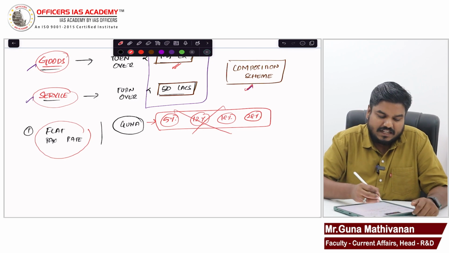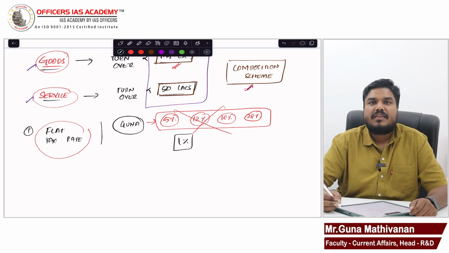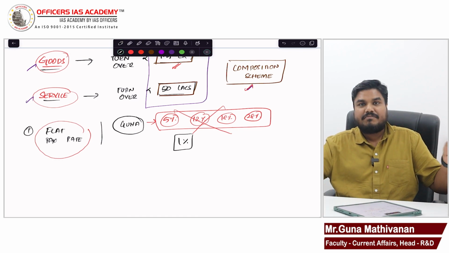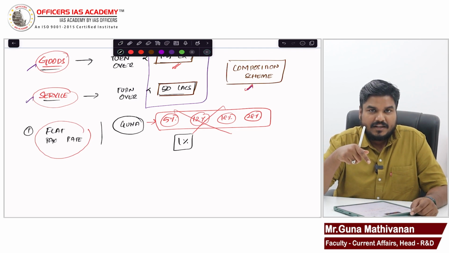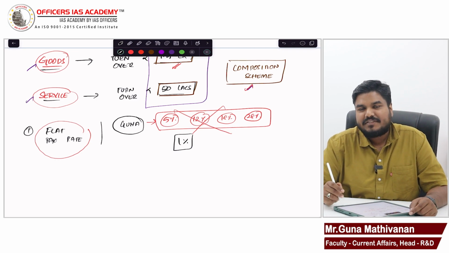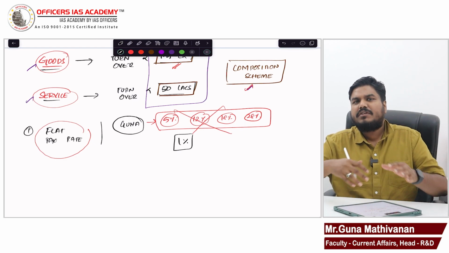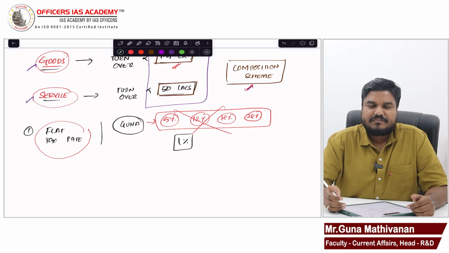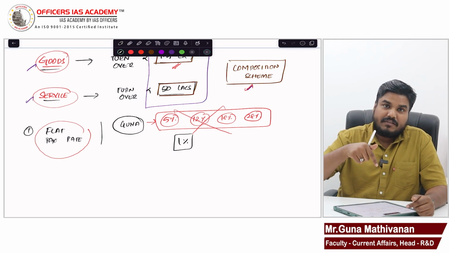What will be the tax rate? Just 1%. I might produce different items, but if I opt for the composition scheme, then I need not put different tax rates for different items. I can simply charge 1%, irrespective of the type of the good, provided I am dealing with goods.